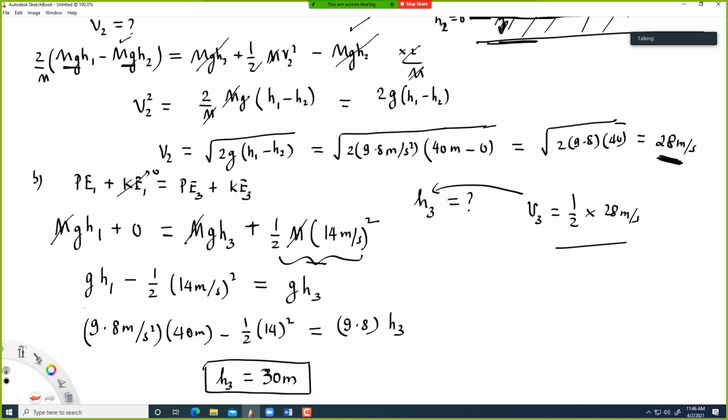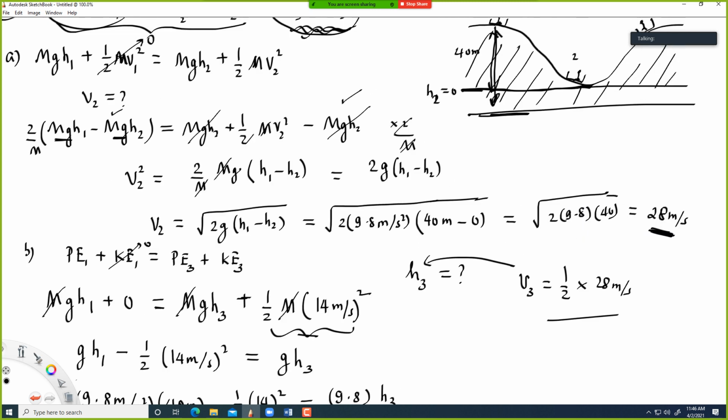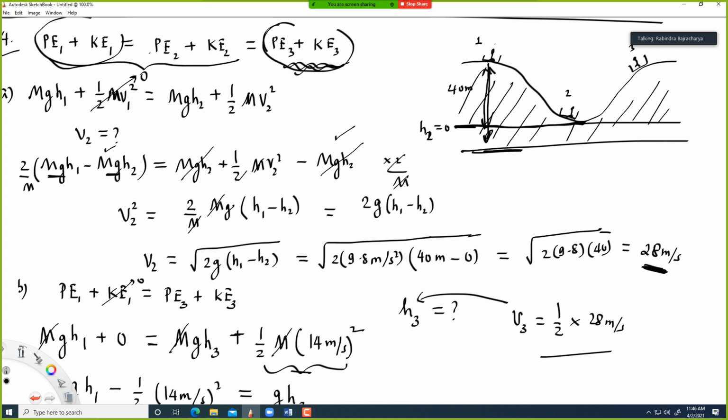But it's 30 because of the relationship of kinetic energy to speed. Basically some of the kinetic energy is converted to potential energy in this case. Here you have most of the energy in the form of potential energy, and all of that is converted to kinetic energy at that point, because there is no potential energy here. And here part would be kinetic and part would be potential.